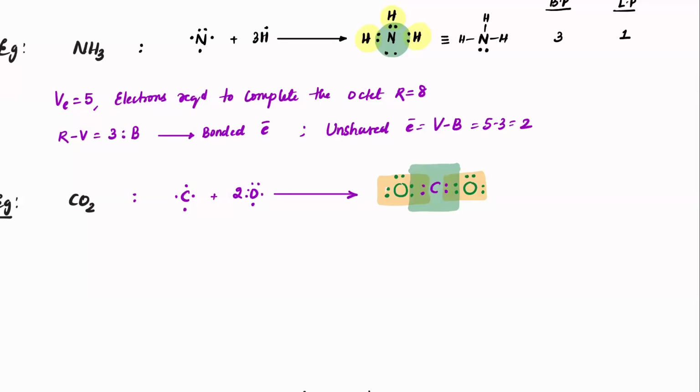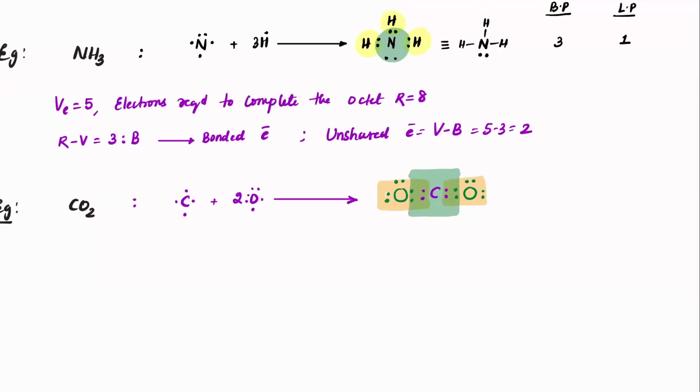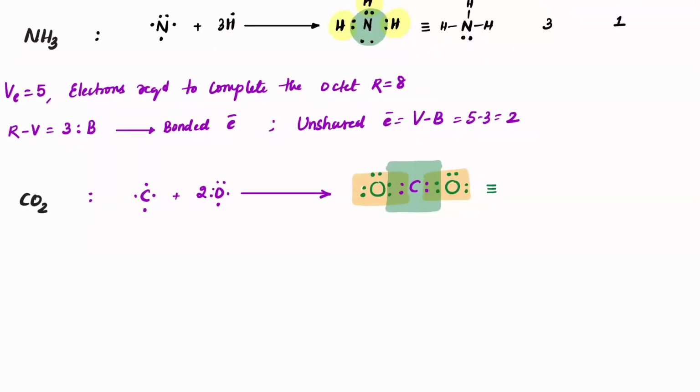If I write this in the bond line structure, I would get O double bond C double bond O, and then we have lone pair and lone pair here, lone pair and lone pair here. This is a Lewis structure where I can represent the octet completion for all of them.